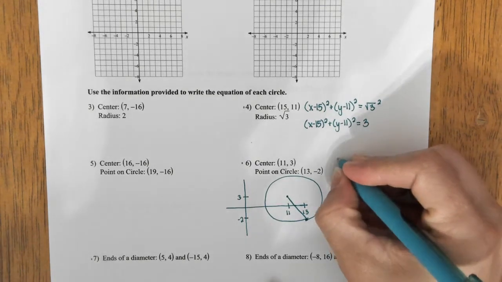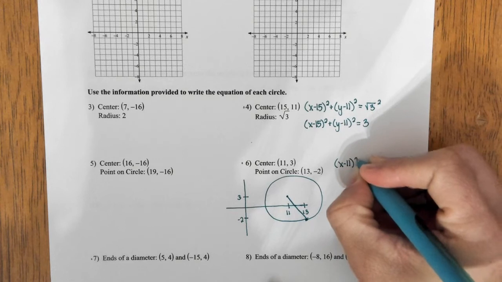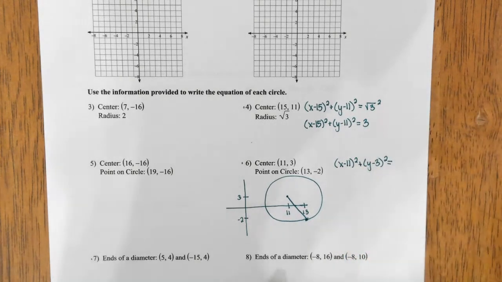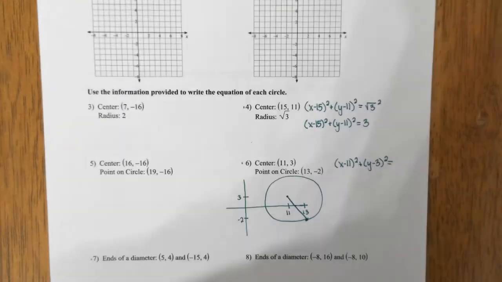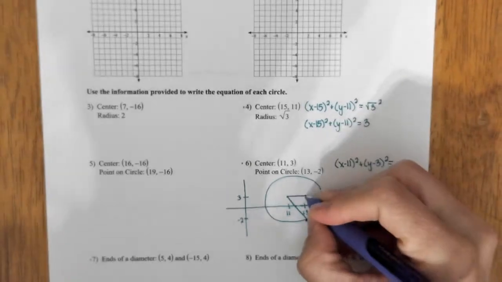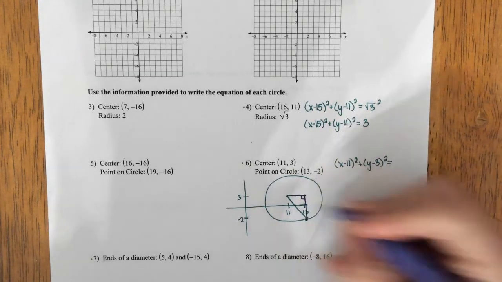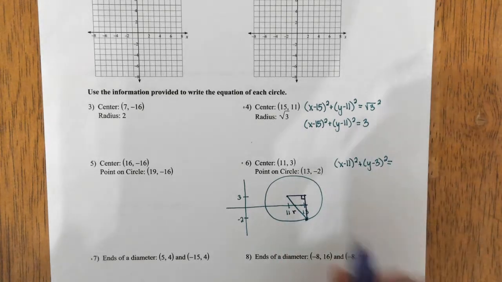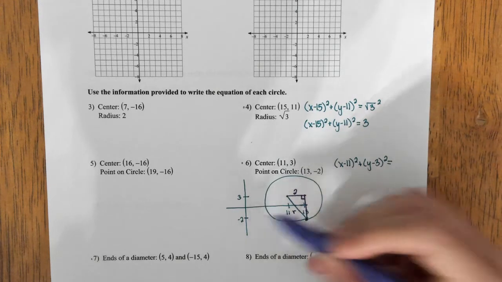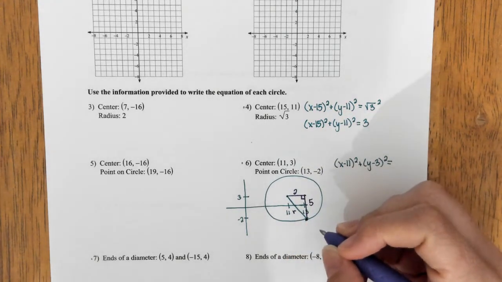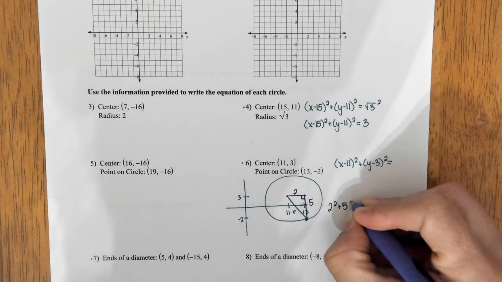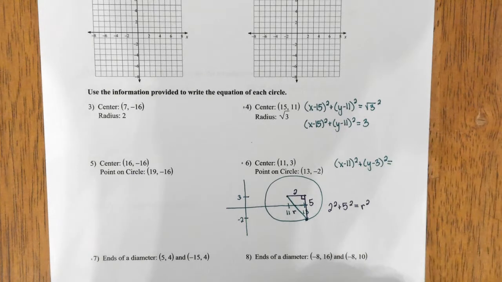So we know the equation is x minus 11 squared plus y minus 3 squared, and then it's equal to whatever the radius is. To find the radius, we'd have to do the Pythagorean theorem here. Again, this is my r. To go from 11 to 13, this is 2. To go from 3 to negative 2, this is 5. And so 2 squared plus 5 squared is equal to r squared.